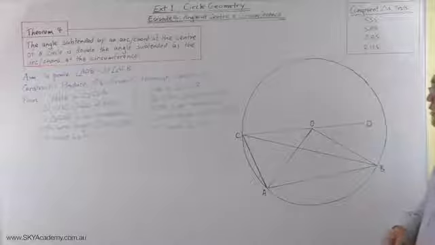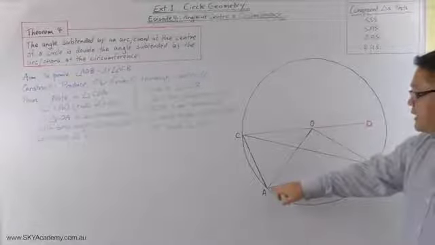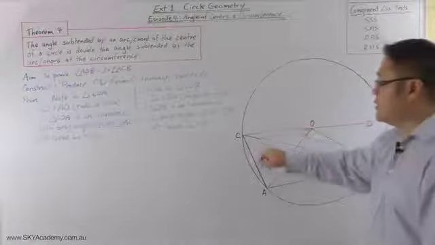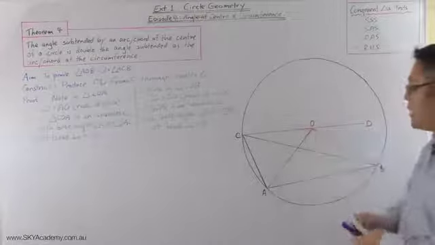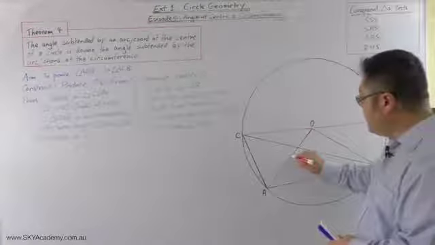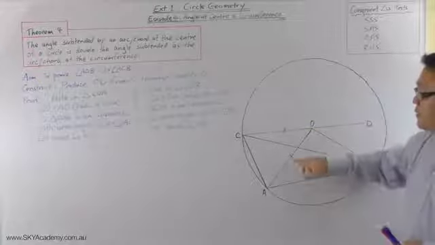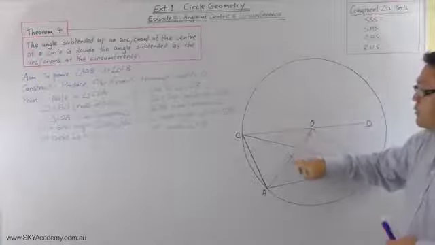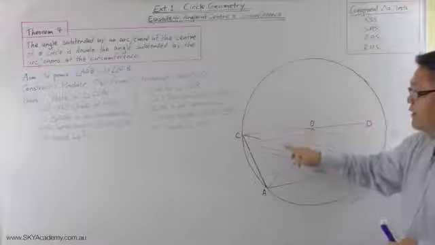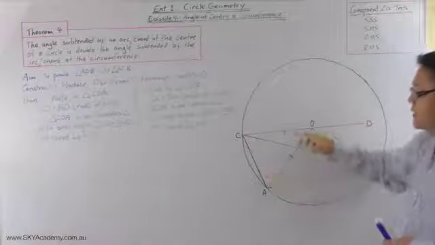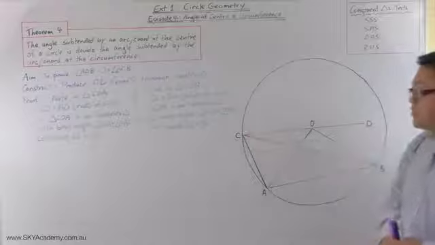The first isosceles triangle is this one here, AOC or COA. Can you see that you've got those two sides that are equal, because they're both radii of a circle? See that triangle's an isosceles triangle.